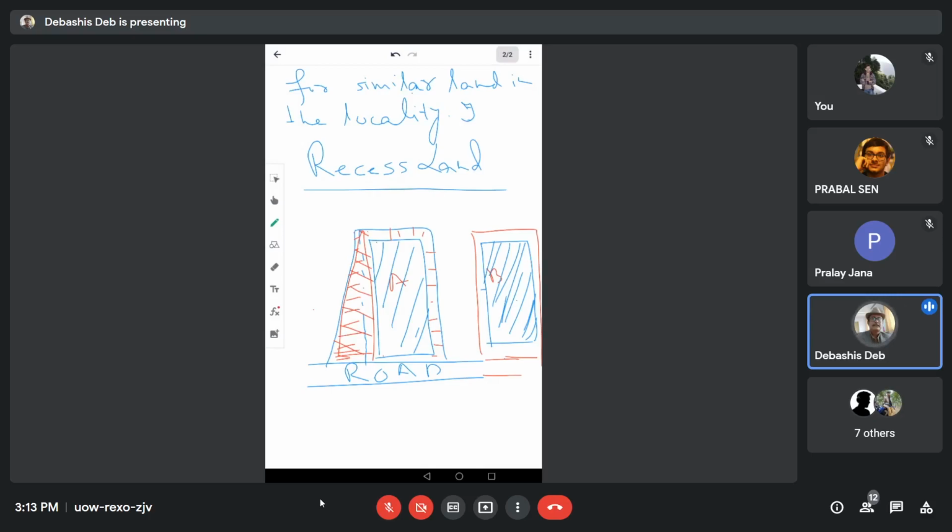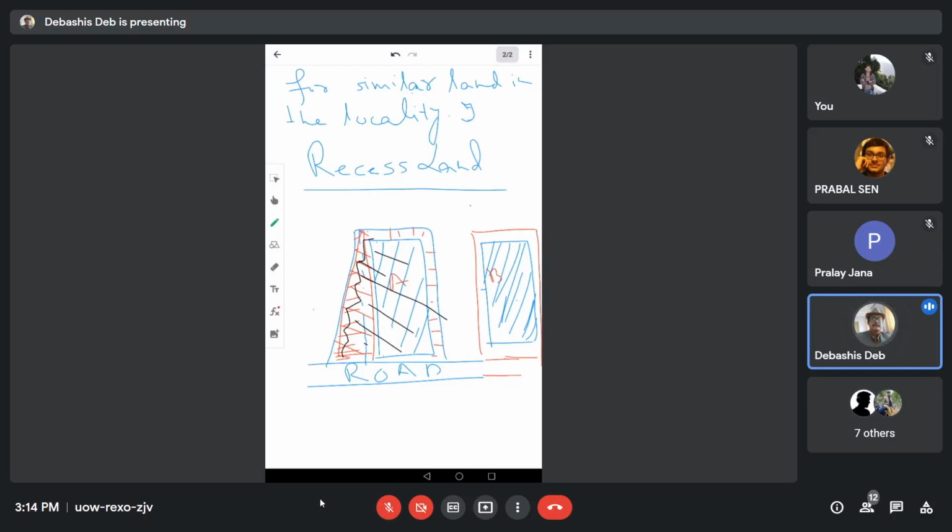If at all you desire to use this land also, then you will have only this option, a stepping building like this. Then you can use the entire plot. In that case, you will have to bear additional expenditure.